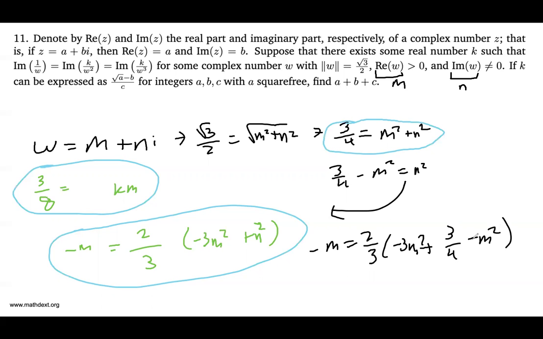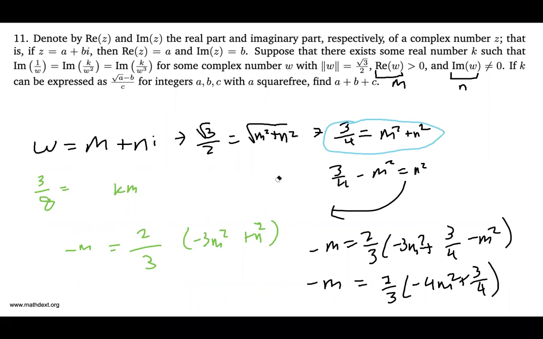And then we say, well, negative m is equal to 2 over 3 times negative 4m squared plus 3/4. And after that, what do we say? Well, let me make some space for myself by writing the km closer over here.